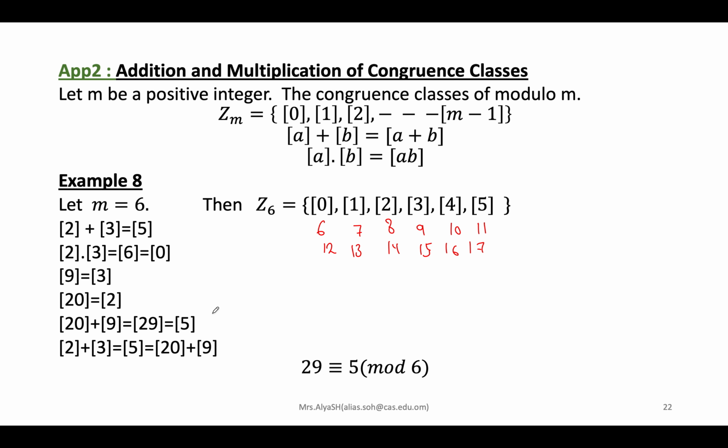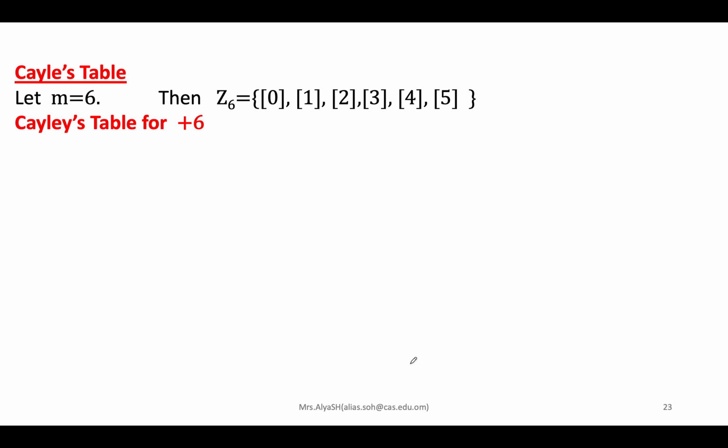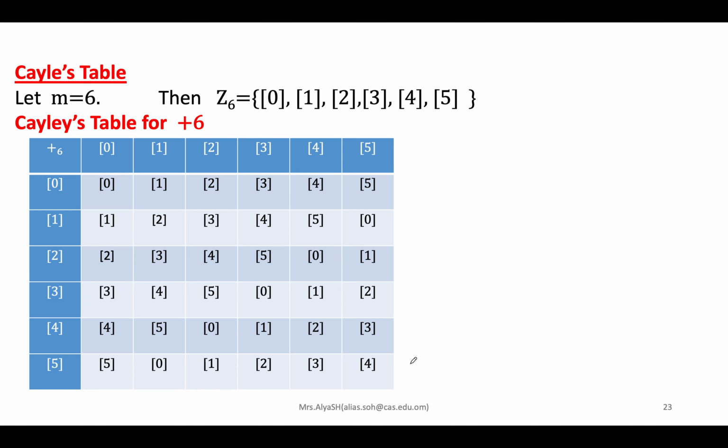And this gives us that 29 is congruent to 5 mod 6. If I divide 29 by 6, I will get a remainder of 5, and 5 divided by 6 gives the remainder 5. And here we can introduce the addition table. The table represents that adding each number of the sets will give us another class in modulo 6.